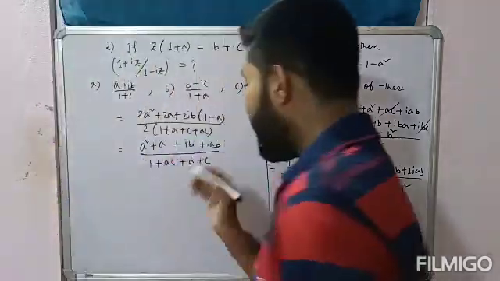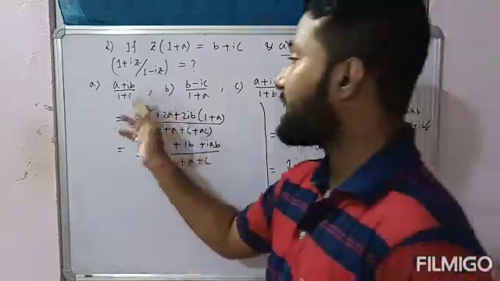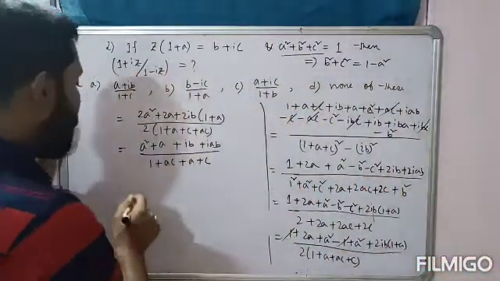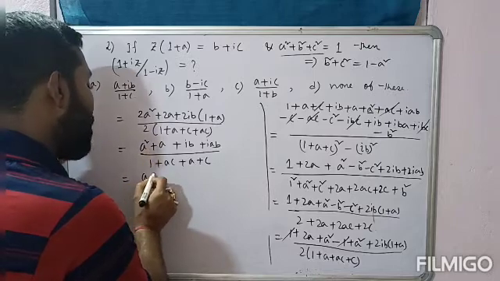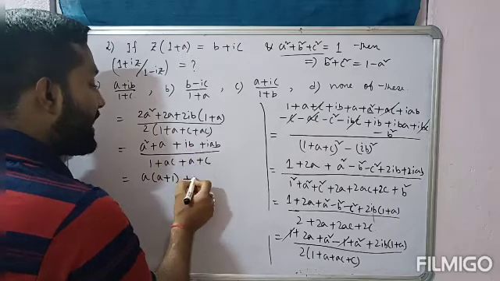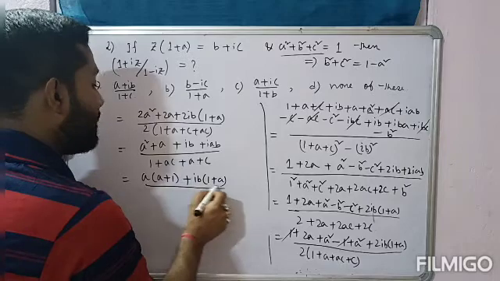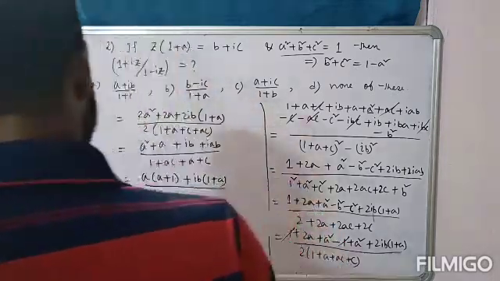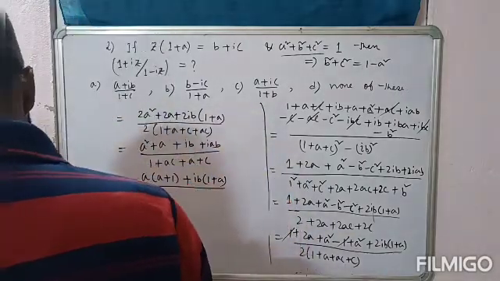Okay, after simplifying up to here, this is what we got, but the options are given as something like a plus ib over 1 plus c. So now from the first two terms of the numerator, if we take a common, this will be a plus 1, plus, if we take ib common, this will also be a plus 1 or 1 plus a, divided by 1 plus... Now from the denominator also we have to take something common, so that we can eliminate something.